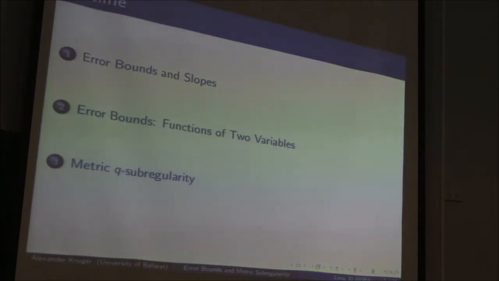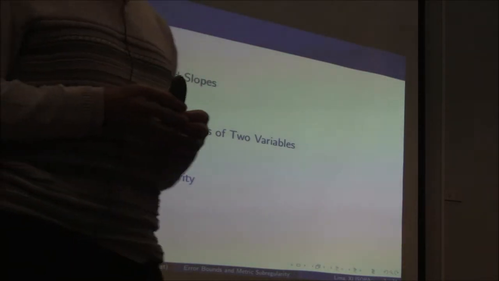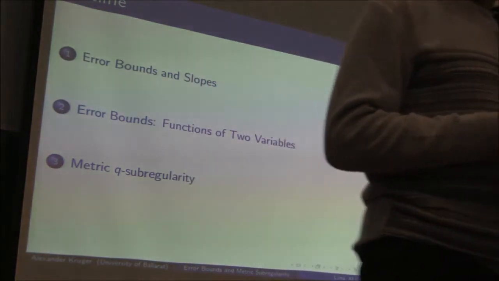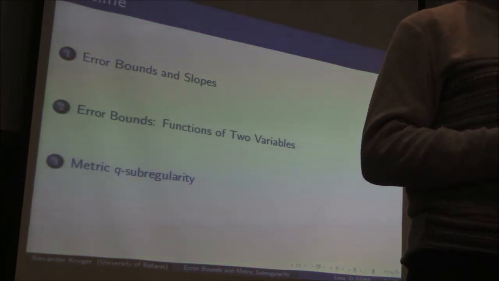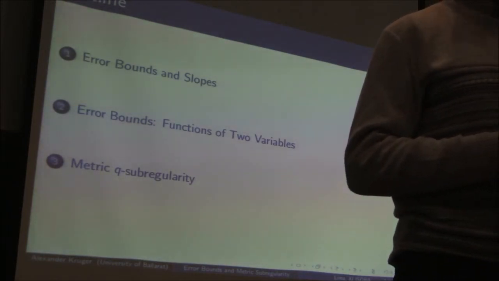Metric subregularity theoretically can be seen as a particular case of error bounds. But on the other hand, the criteria of error bounds, which are very well known, cannot be immediately applied for characterizing metric subregularity of multifunctions, because the function which appears in this property is not lower semi-continuous, even if the set-valued mapping is closed. And the existing criteria for error bounds usually assume that the function is lower semi-continuous.